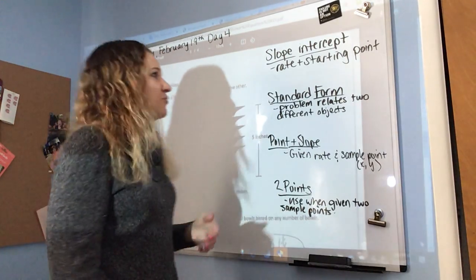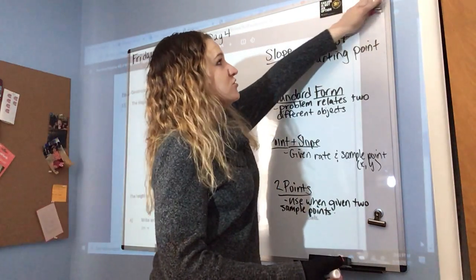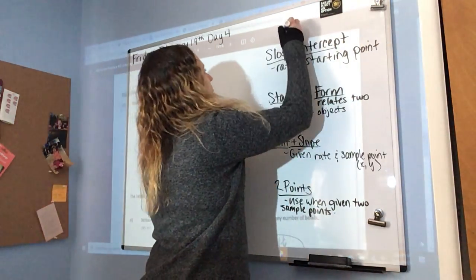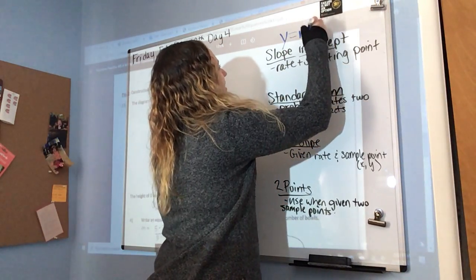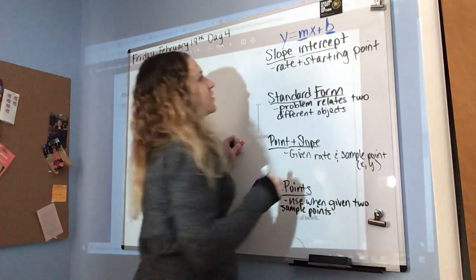The first one that you're probably going to see most often, that we use most often in our classes, is slope-intercept form. I know you know slope-intercept form, y equals mx plus b, where the m is your rate of change, and your starting point is going to be your b.